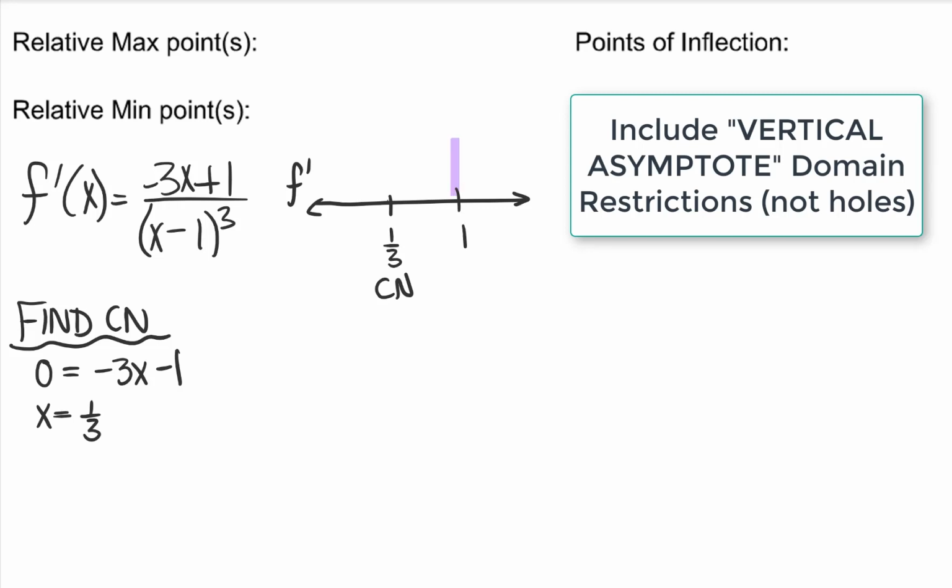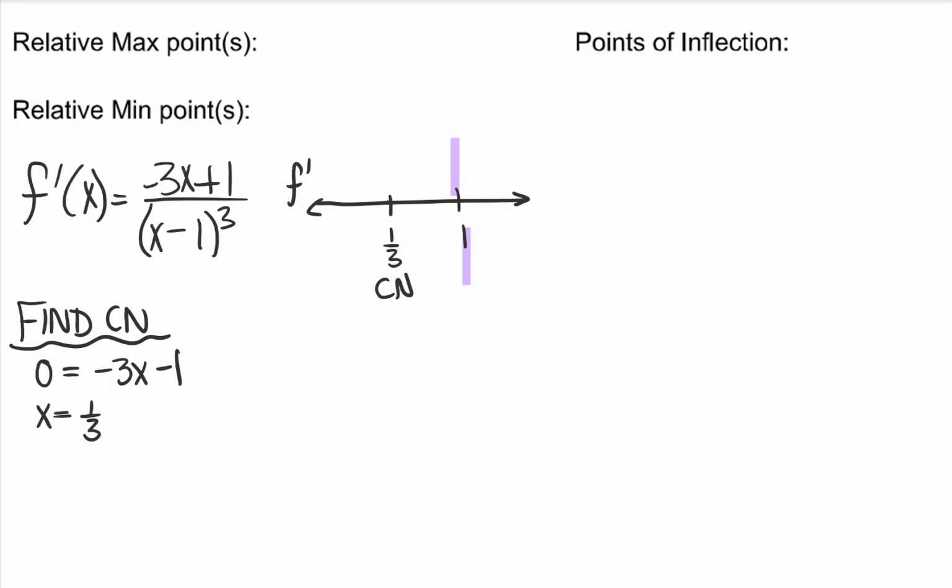I do like to put a vertical asymptote just to remind myself that cannot be a relative extrema because it's already a domain restriction. Now let's figure out the signs of our intervals. F prime of 0, which is to the left of 1/3, gives me a positive over a negative. This will be a negative interval where f prime is negative and therefore f is decreasing on that interval.